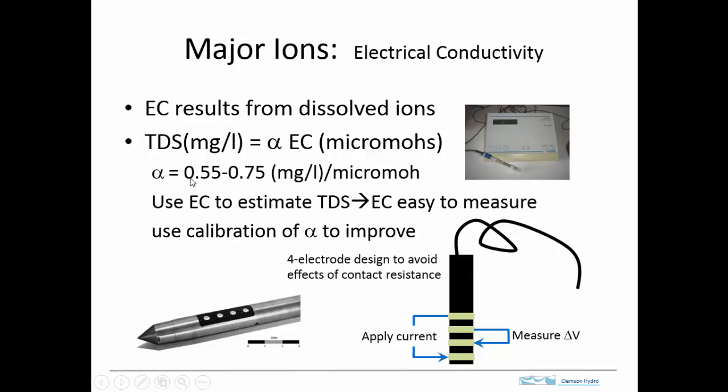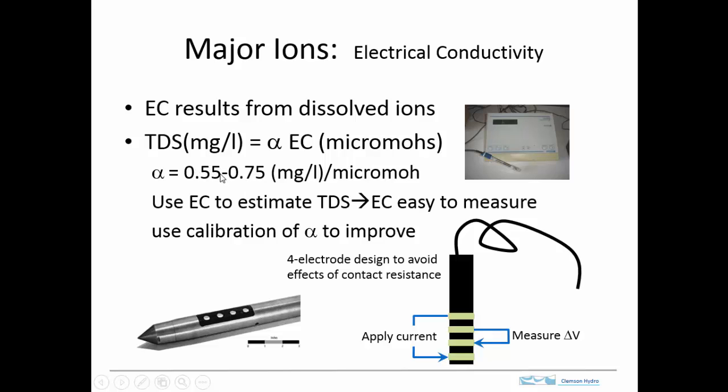And you see that alpha generally varies in this range with these units. And you have a bit of variability here because you have some ions that carry 2 charges and some ions that carry 1 charge, and the ions have slightly different masses. So that causes there to be some variability.